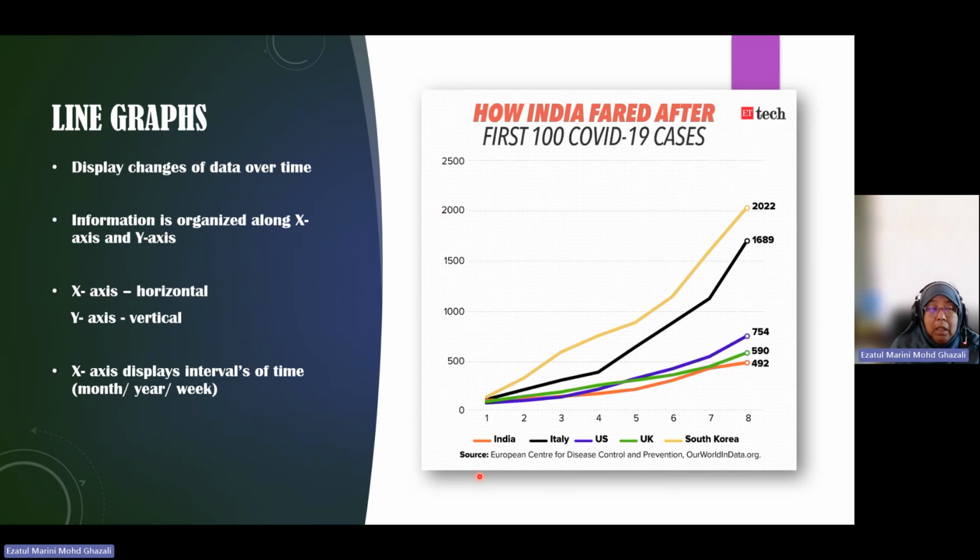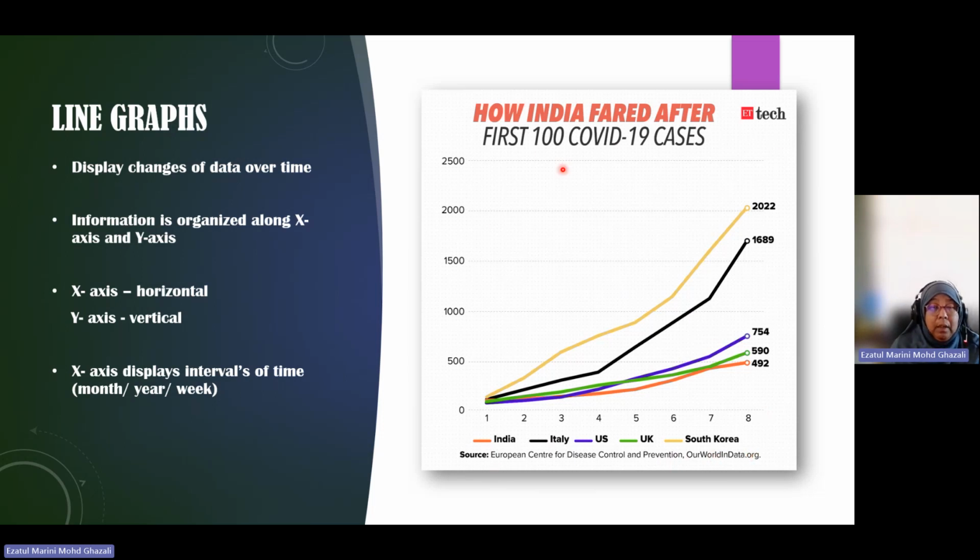And the source, it would be very good if you present line graphs or bar graphs or pie charts, and you provide the source of the information. So the source here is the European Center for Disease Control and Prevention, or worldindata.org. Okay.